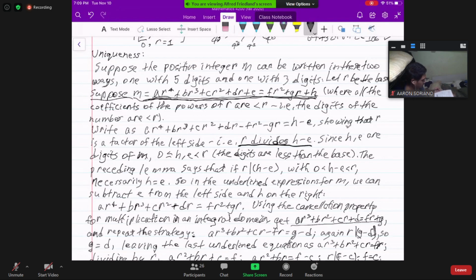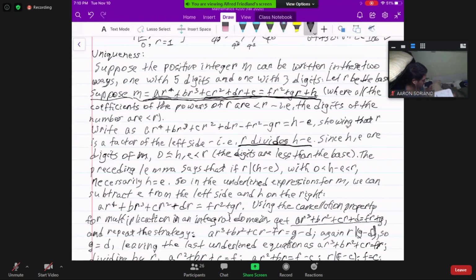On the left side, where you have terms with higher powers of R, like R to the fourth and R to the third, the coefficients A and B have to be 0. So those are essentially wiped out. And what you're left with is that the powers are equal.